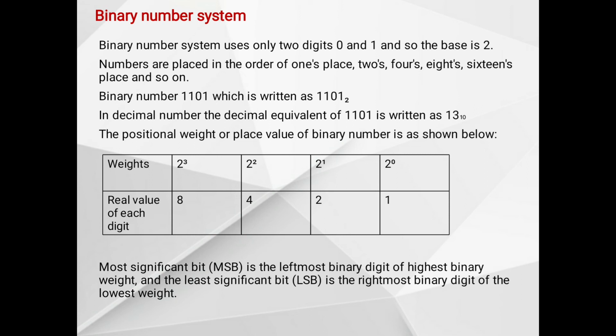So here is the binary number 1101. It will be written as 1101 to the base 2. The decimal equivalent of 1101 is 13, so it will be written as 13 to the base 10.